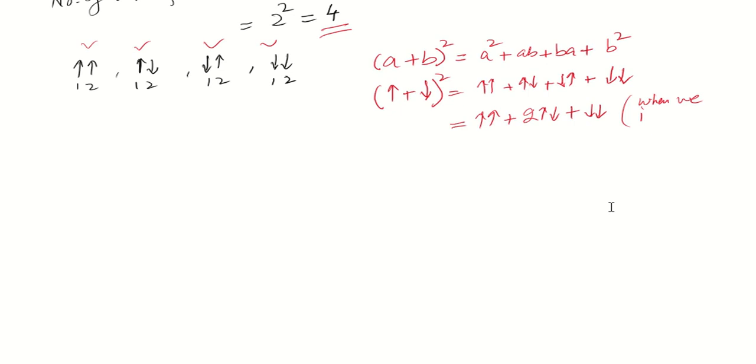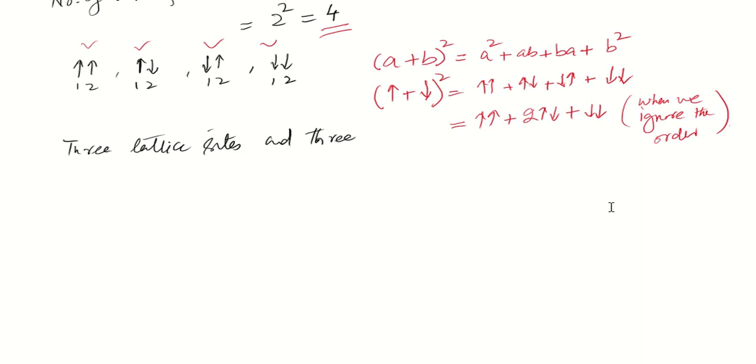So let's go to 3 spins on 3 sites. Now we have 3 lattice sites and 3 spins. How many configurations? The total number of configurations is 2 to the power 3.